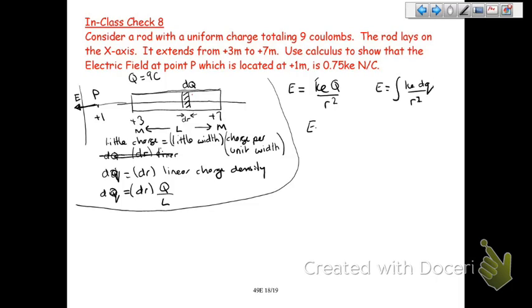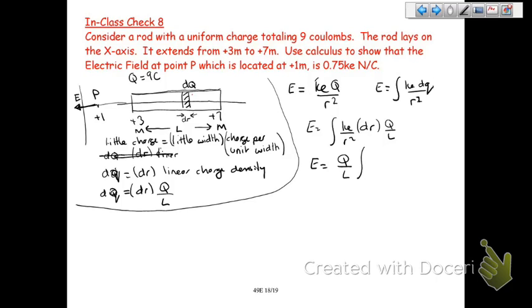So E is equal to the integral of KE over R squared dr times Q over L. Let's take out the constants. Q's a constant because it's 9 coulombs, and L's a constant because that 3's not going anywhere and that 7's not going anywhere.